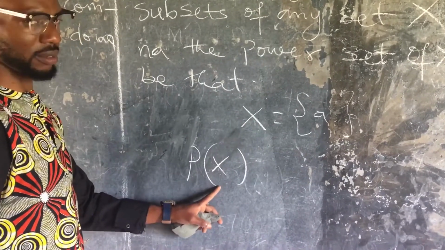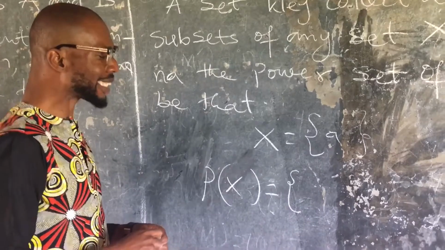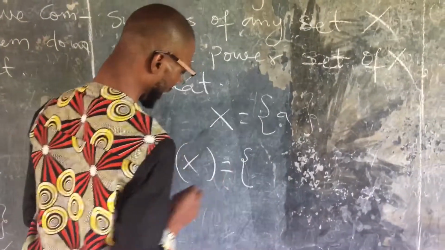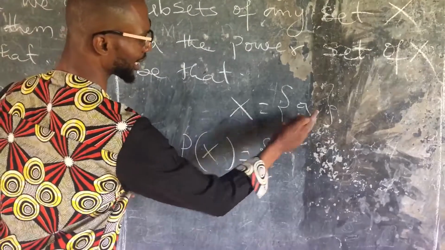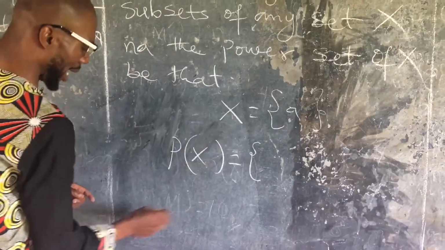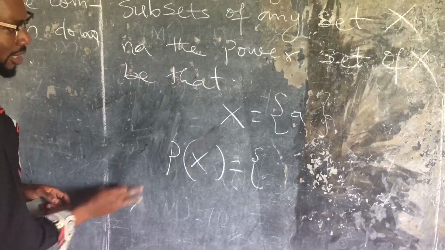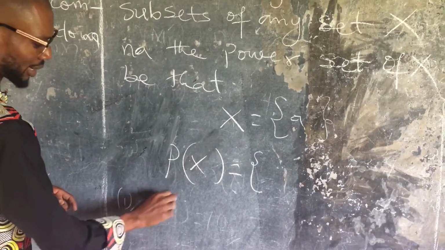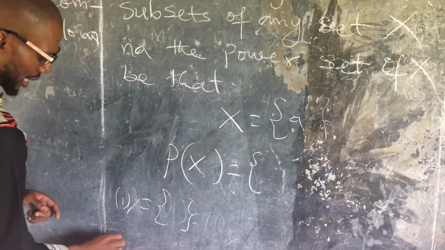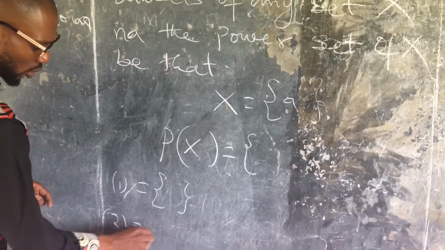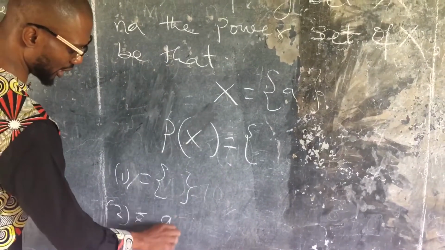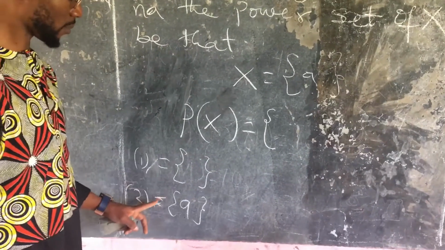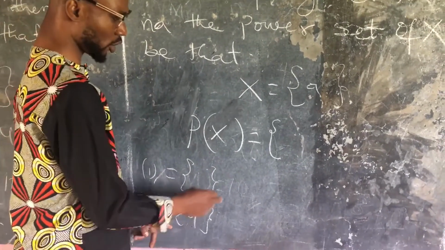Now what does this one mean? The power set is the collection of all subsets of another set X. For example, this one is a unity set. As this set has one element, the subsets of this set will be: first, I'll get the empty set, and then the second subset I get is the set A. So the power set of this set is the collection of these subsets.